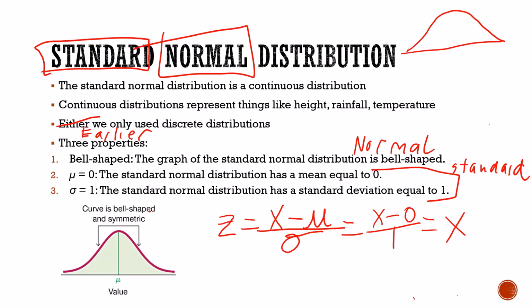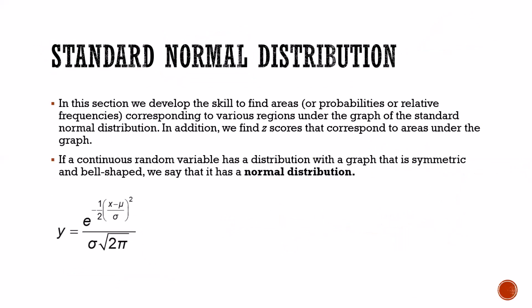And the normal distribution has this particular curve, right? And we find out that areas correspond to various regions underneath that curve. Right now, this is not an algebra class, but you guys have all learned how to graph certain types of curves, right? Y equals x, that's a straight line. Y equals x squared, that's a parabola that looks like this.